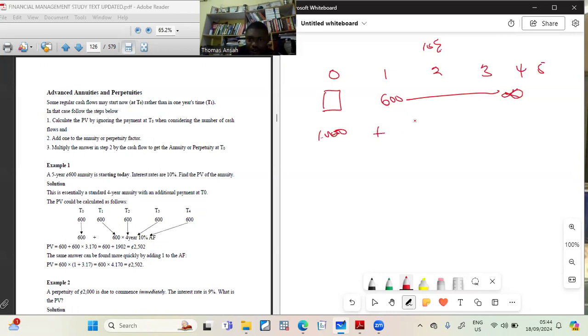Then we add 1 over r, so 1.000, and 1 over r, where r is 10%, which means 0.1. So if I do 1 divided by 0.1, I get 10. So 10 plus 1 will give me 11. Then I multiply it by my 600 cash flow, and that will be 6600. All right, so basically that is that.